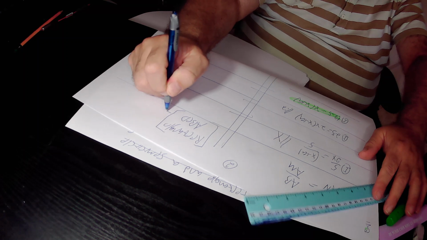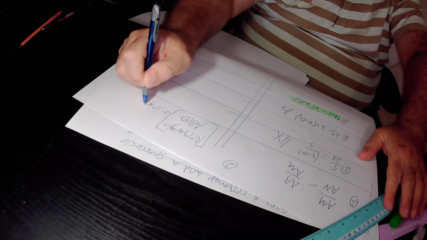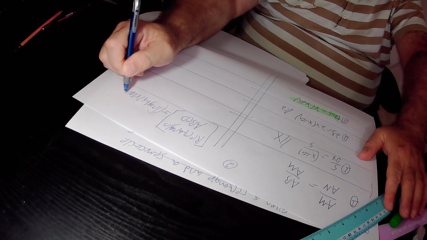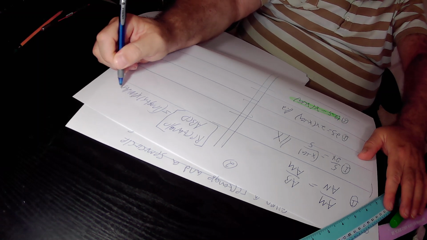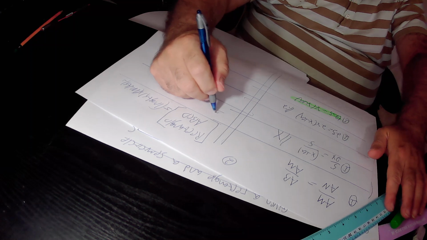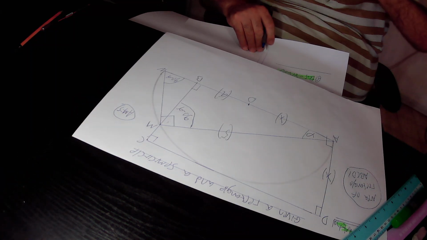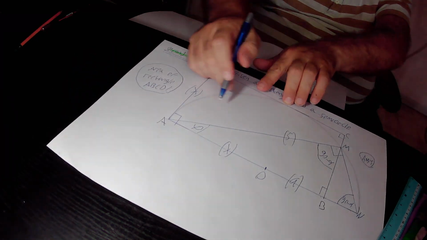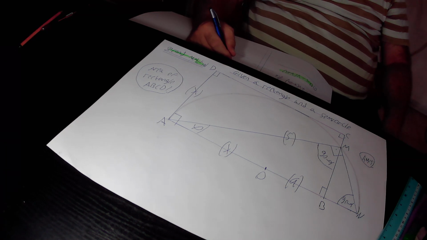Actually, we know that the area of any rectangle equals the length of the rectangle times the width. Therefore, the area of rectangle ABCD must be equal to the length times the width. The length of this rectangle equals AB, and the width is DA.